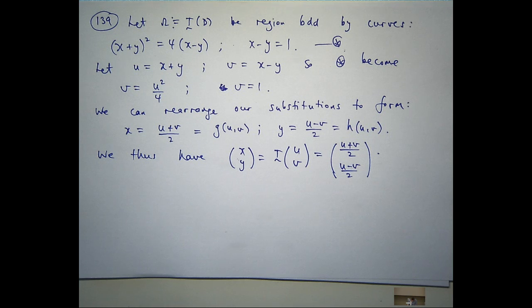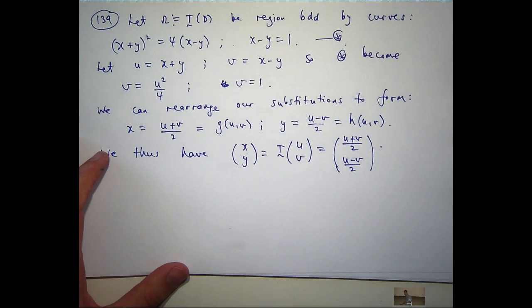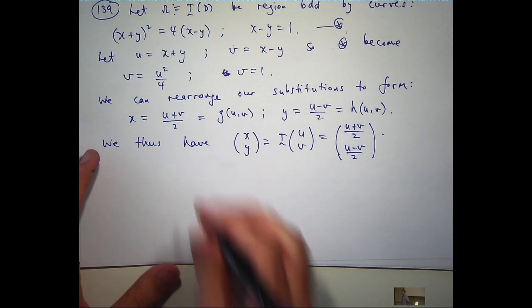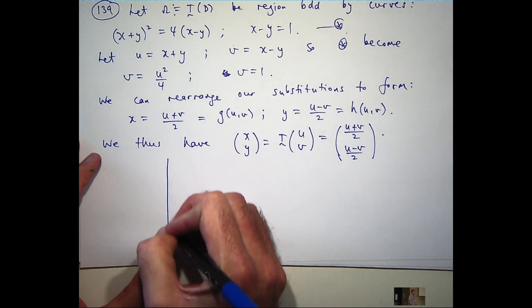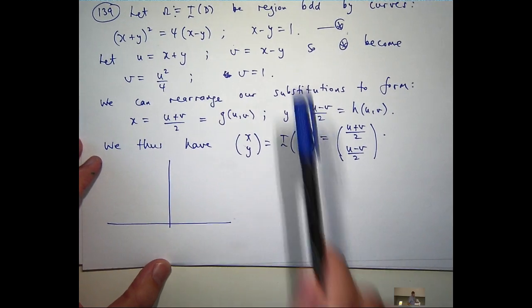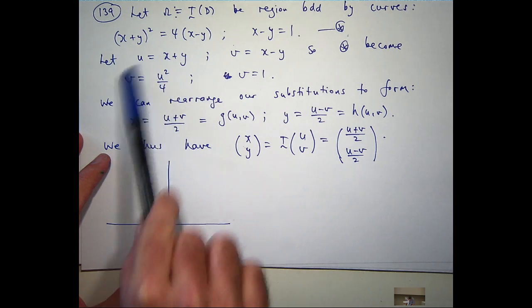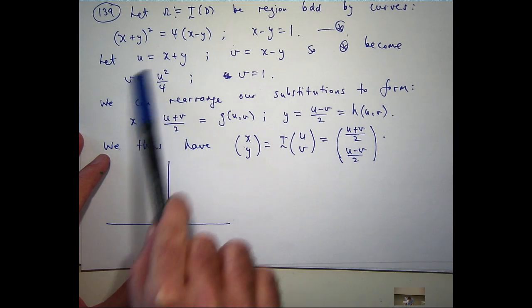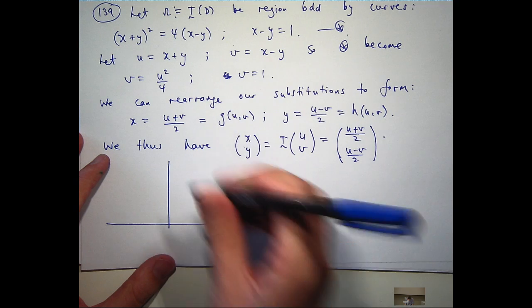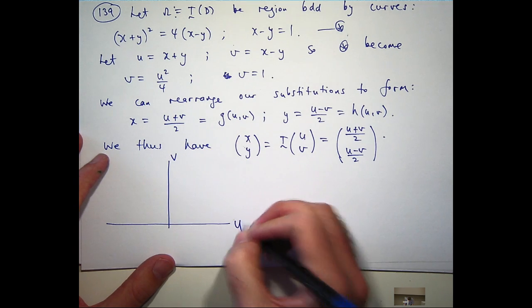So what we're asked to do is calculate the area. So let's draw the sketch of the region in the UV plane. So D is bounded below by this curve, which is going to be a parabola, and above by this sort of line here.